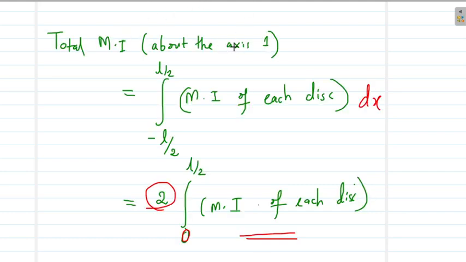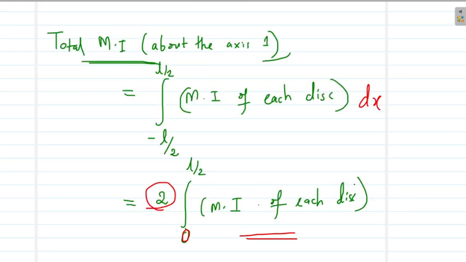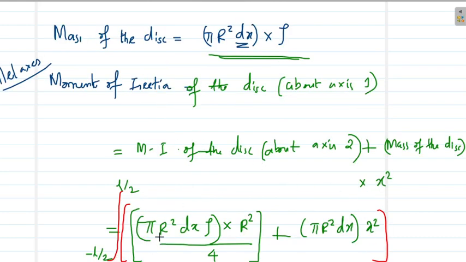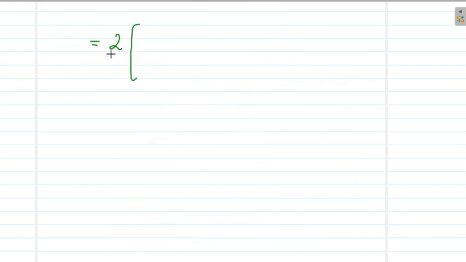So let me write, this is equal to the moment of inertia of the cylinder about the axis 1, which is the total moment of inertia in our particular case. That is equal to 2 times the moment of inertia due to the disk, integrated from 0 to L by 2.